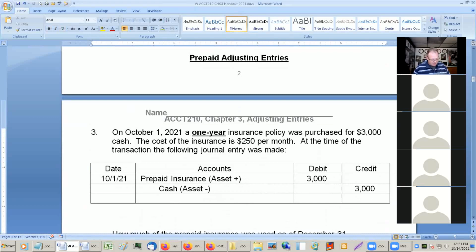So 3,000 divided by 12 months equals $250 a month, right? Check just to make sure, Mr. Calculator. Yep.